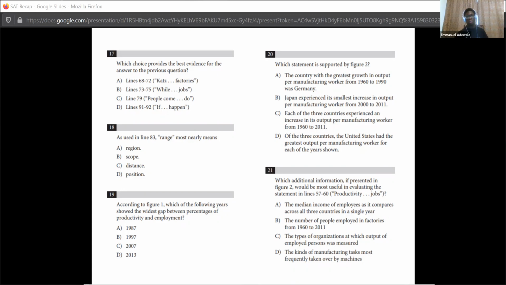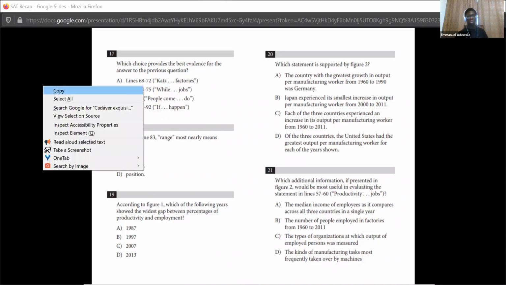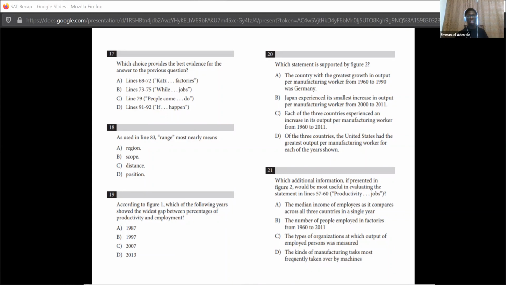So definitely, don't spend too much time staring at the figures, but make sure that you're aware of them and that you take in the most important parts of them. And always use the questions to help you figure out what you're supposed to be looking for in the figures. But that leads us to question number 20.